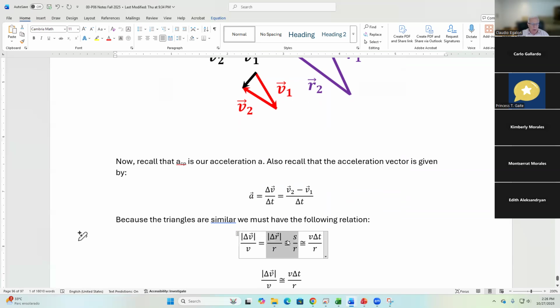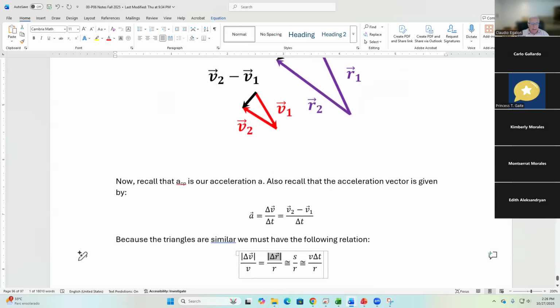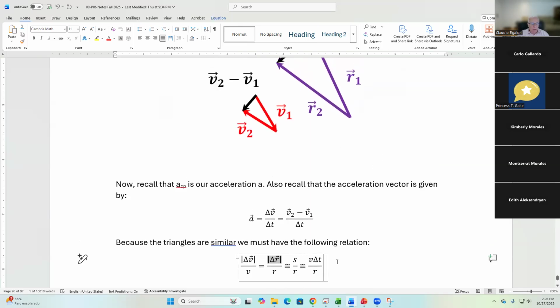Delta R is approximately equal to the arc length. In general, this arc length is always greater than delta R. However, if you make that angle here small enough, S tends to be equal to delta R. S is still equal to V delta T. This is not an approximation. This is an equality, by the way.